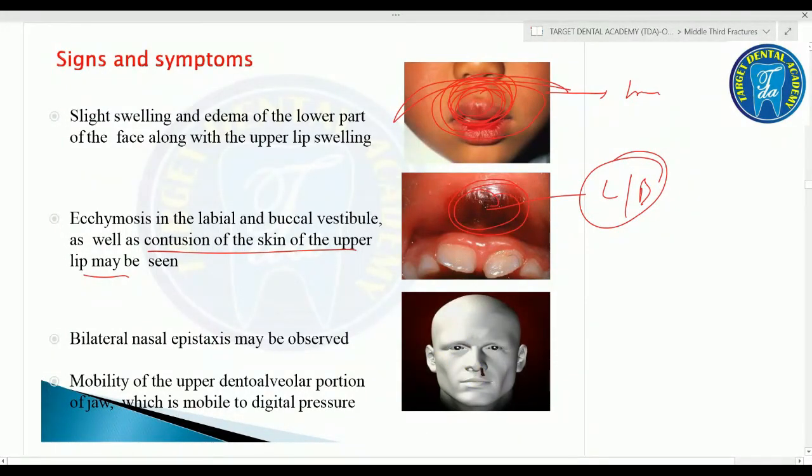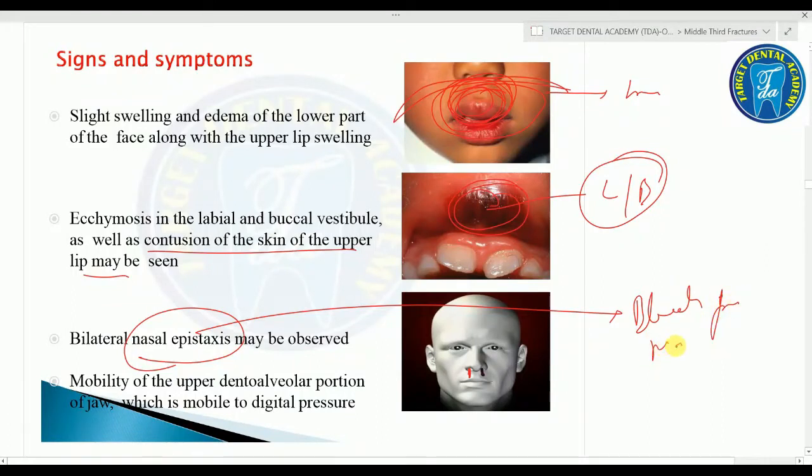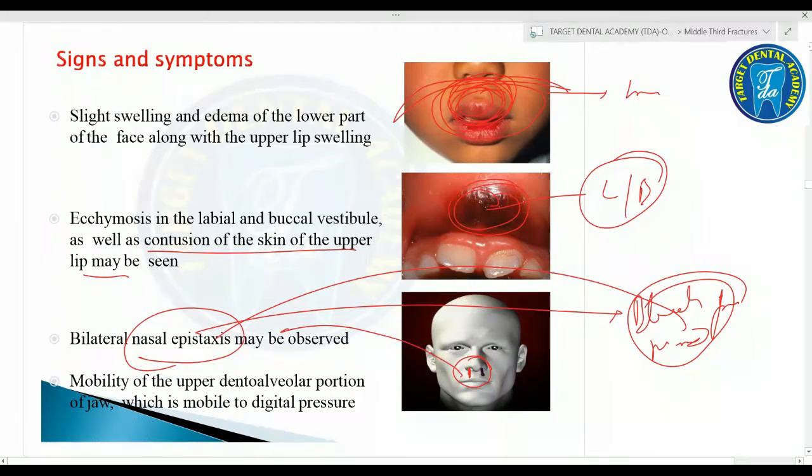Important is that you can see bilateral nasal epistaxis. Nasal epistaxis means there is bleeding from the nose.